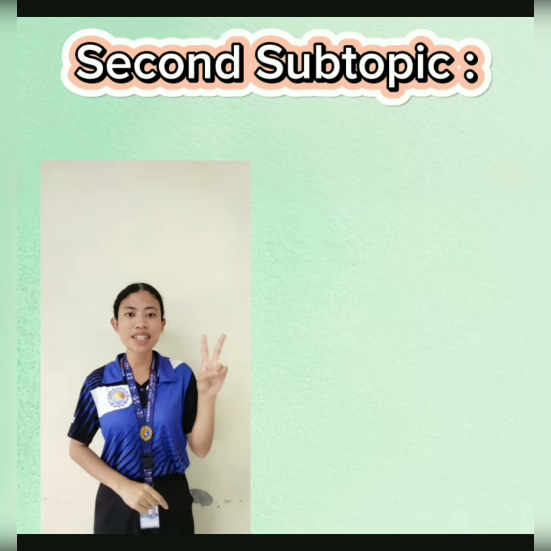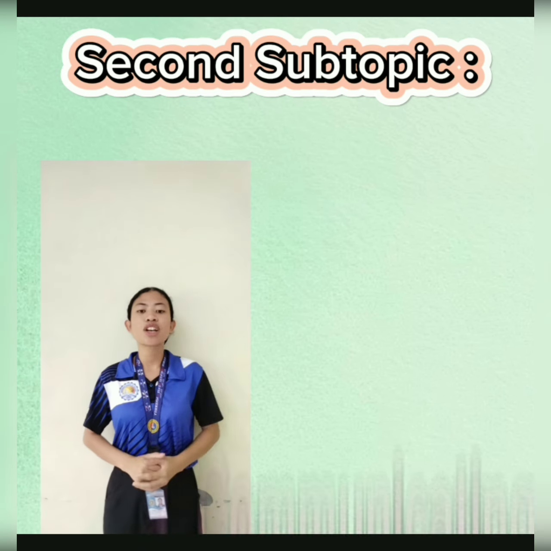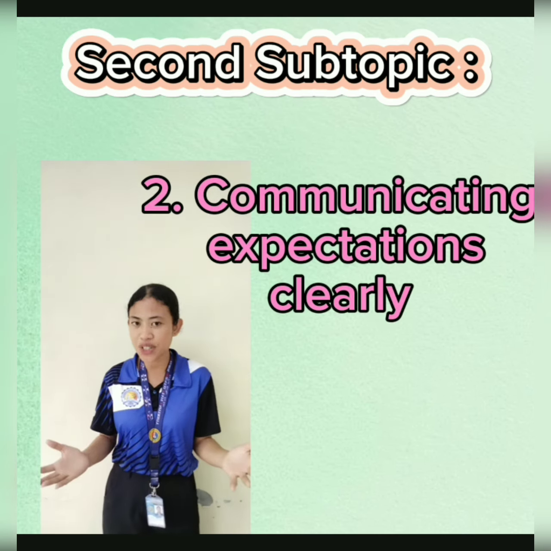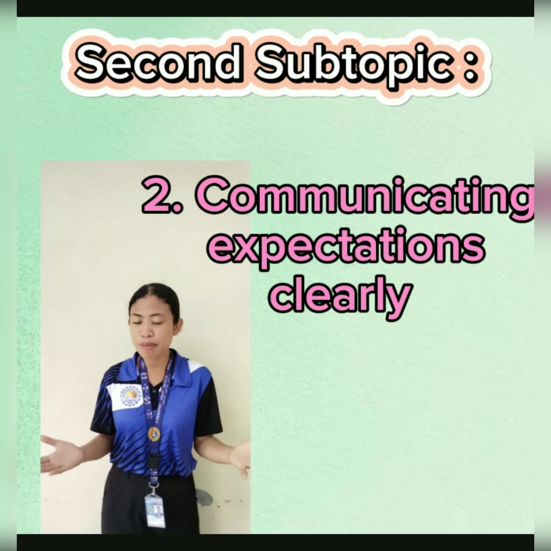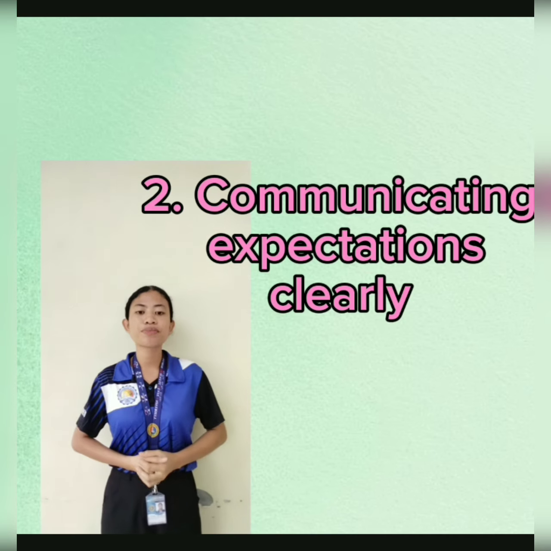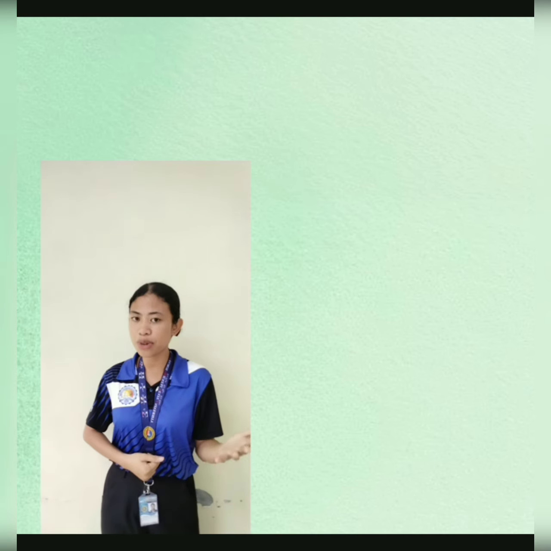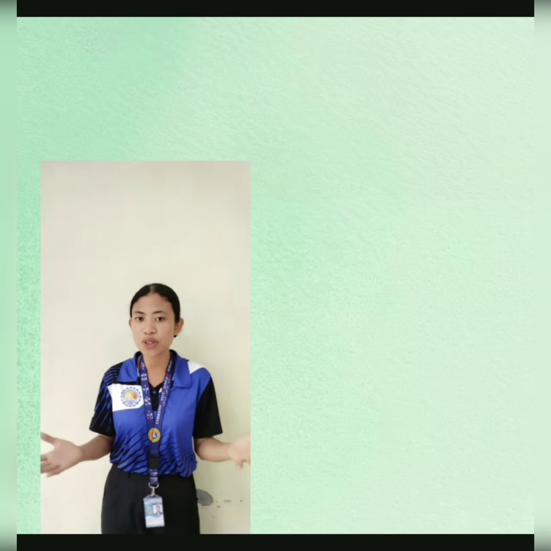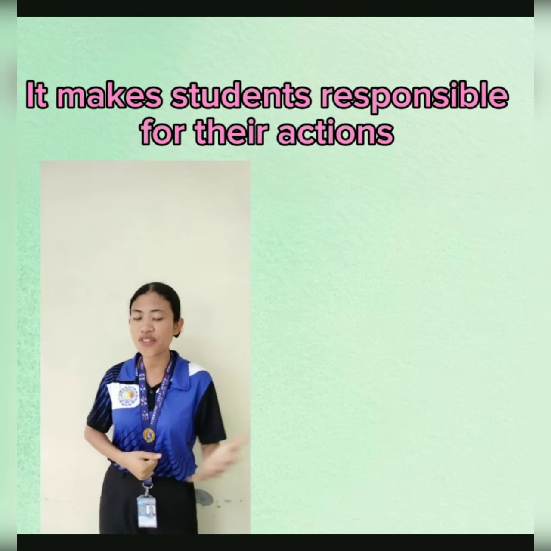The second subtopic is all about communicating expectations clearly. Students behave better when they know exactly what the teacher expects. Clear communication of rules and instructions can help students avoid confusion, and it makes them responsible for their actions.